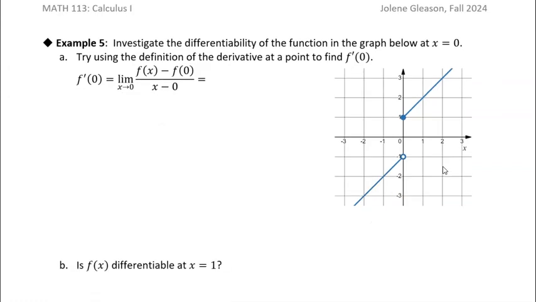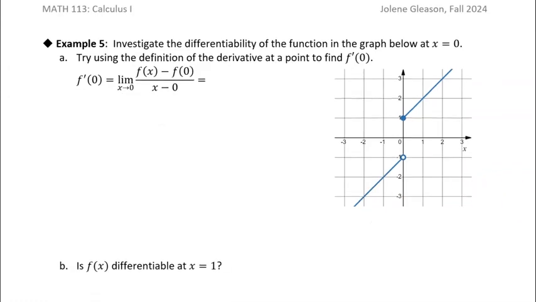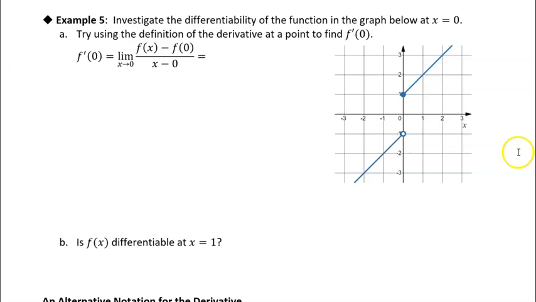When I look at this function, I'm thinking, well, the slope appears to be 1 to the left of 0 and appears to be 1 to the right of 0. You can get as close to 0 as you want, and it looks like the limit will always be 1. So why isn't that differentiable at 0?